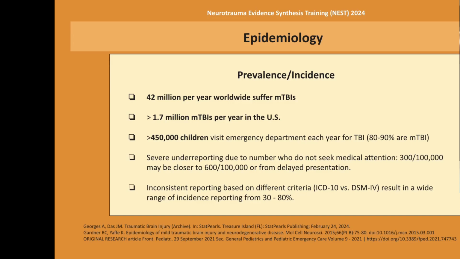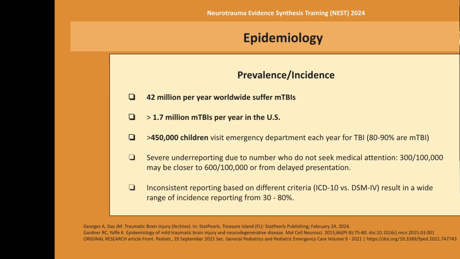So if you thought 1.7 million was a big number, now multiply that by 9, and that might be the actual number. I saw a lot of work being done at the CDC to improve their surveillance systems in order to capture more accurately the actual presentation of traumatic brain injuries.